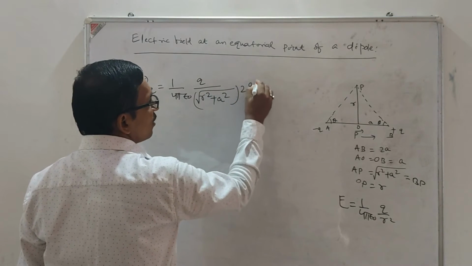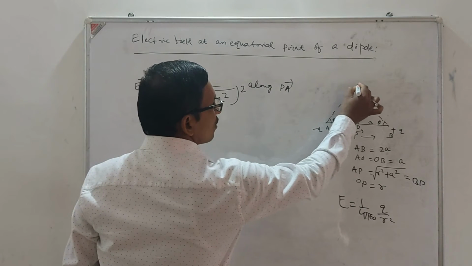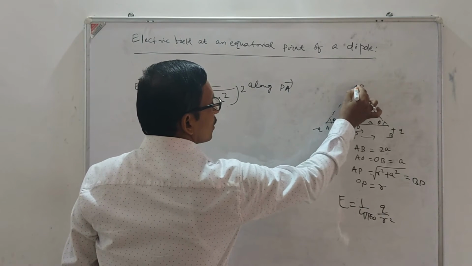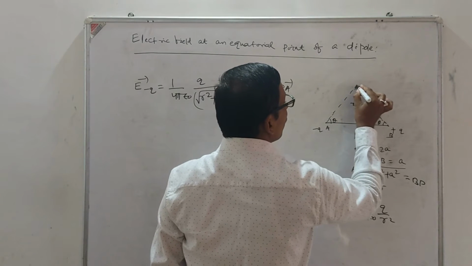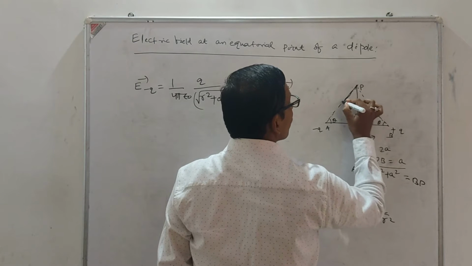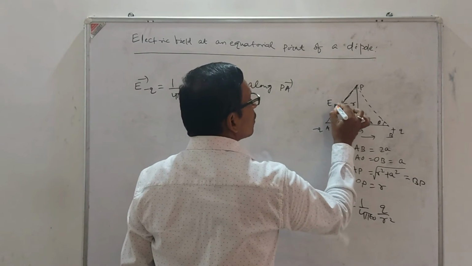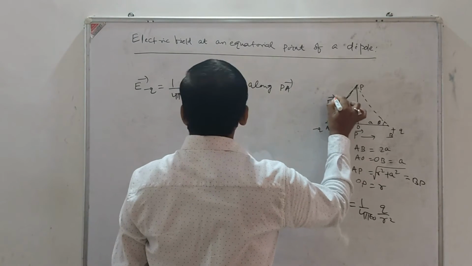What is the direction? Along PA. So this is the direction of electric field from P to A. This is E minus Q.